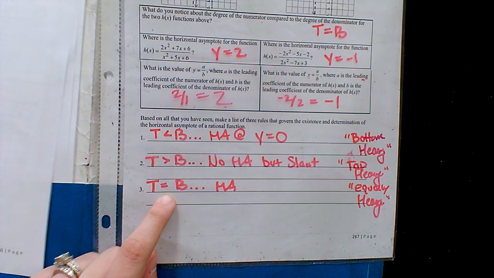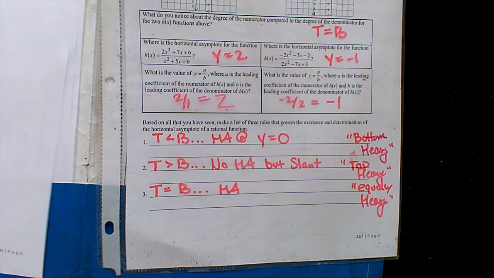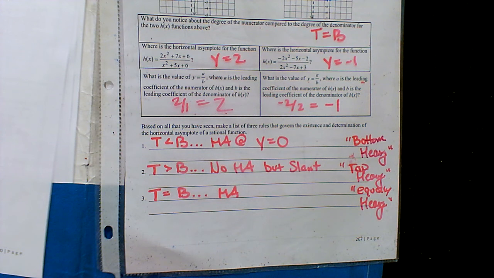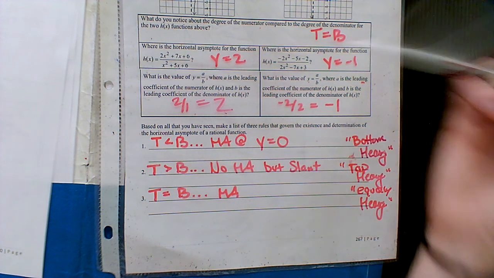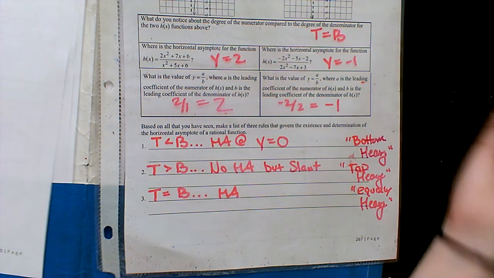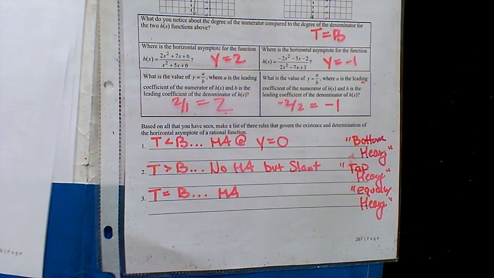Where's our horizontal asymptote? We can't really say it's always 0, it's always 2, it's always -1. Can we make it a little bit more general though?